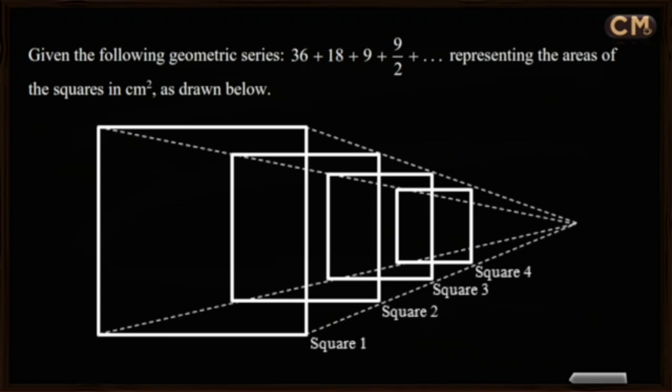Now this is an interesting problem right off the bat. It says the following geometric sequence represents the areas of the squares in centimeters squared as drawn below. So let's just remind ourselves how a square works, in case it's relevant. Well, a square is just a quadrilateral where all four sides are equal.